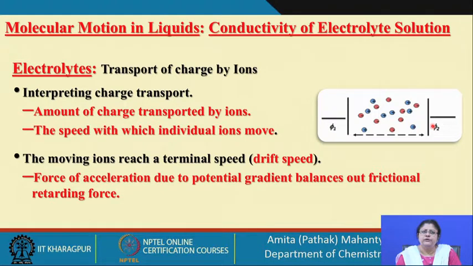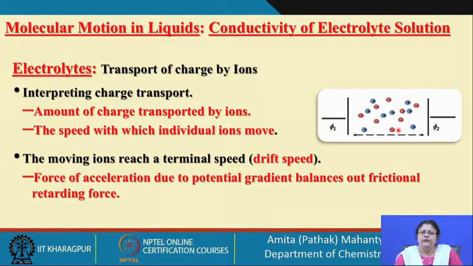One is the force accelerating the ions: one type of ion trying to move to one electrode and the other type of ion moving to the opposite electrode. This is the driving force, which is going to accelerate the particle.